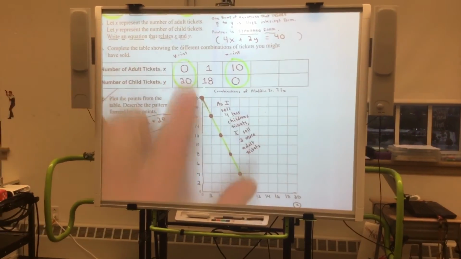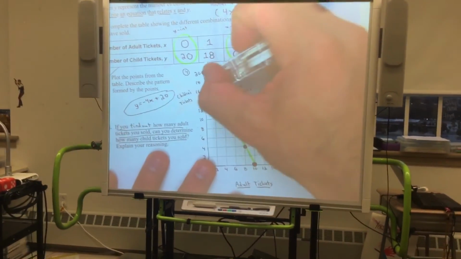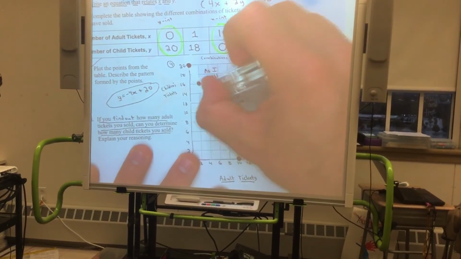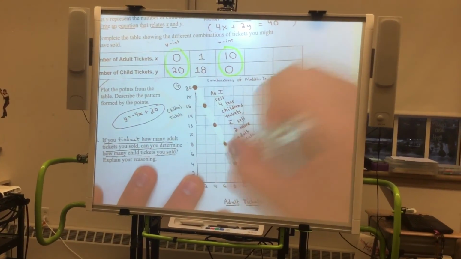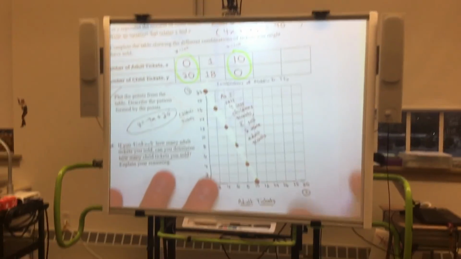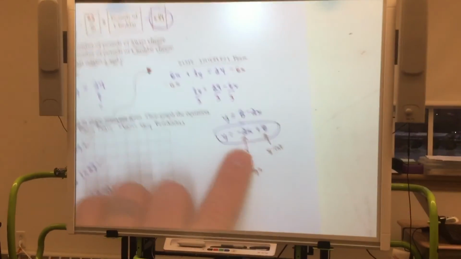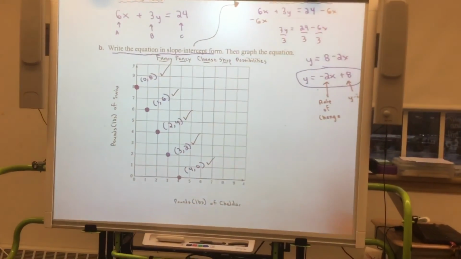Then we could graph it. Really, by the way, this will not be connected because this is what's called a discrete domain, which you don't need to know yet, but I'm just amending that from the video earlier. We could also turn the equation into slope-intercept form, graph it, and determine the possible combinations.